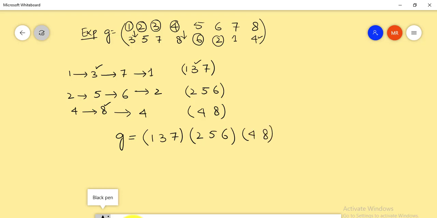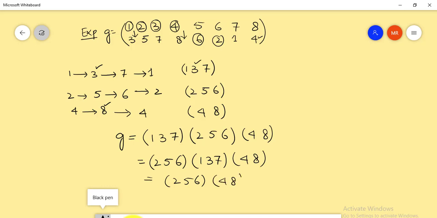In a later video, we will see that these disjoint cycles commute, and hence we will be able to write this as 2, 5, 6, 1, 3, 7, 4, 8, or as 2, 5, 6, 4, 8, 1, 3, 7. We will see a theorem regarding this problem.